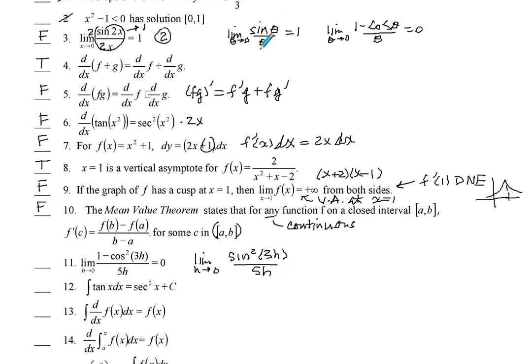And then we know sine theta over theta approaches 1. So I want to break this multiplication apart and write this as the limit as h goes to 0 of sine 3h times sine 3h.